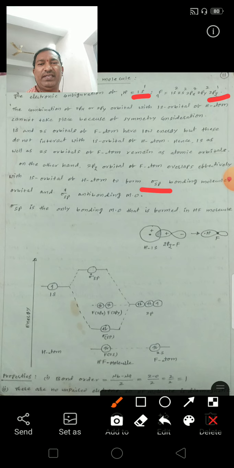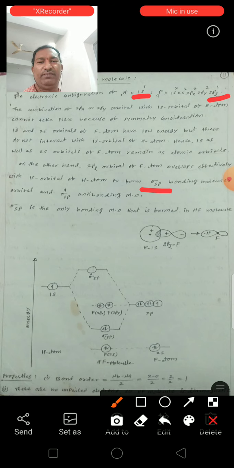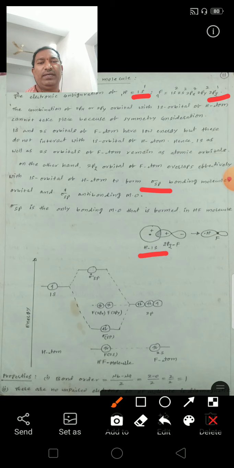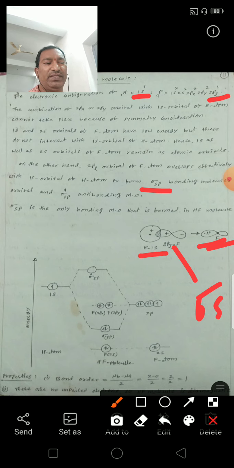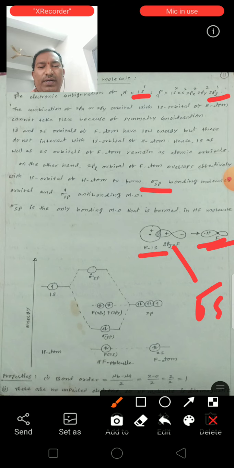Sigma sp is the only bonding molecular orbital that is formed in the HF molecule. Here this is the 1s orbital of hydrogen, and this is the 2pz orbital of fluorine. So it forms the HF sigma sp bonding molecular orbital with a sigma bond.